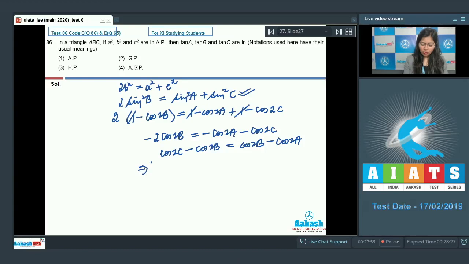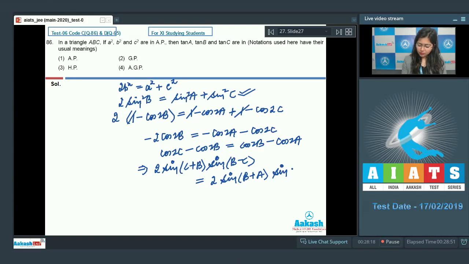Right? Now, cos a minus cos b can be written as 2 into sine of (c plus b) into sine of (b minus c). Right? And on the right hand side, we will get 2 times sine of (b plus a) into sine of (a minus b).